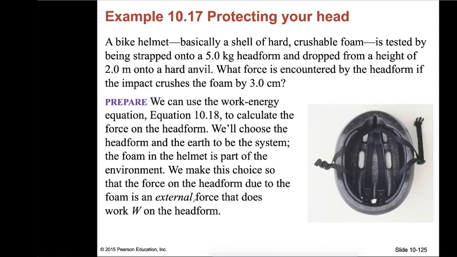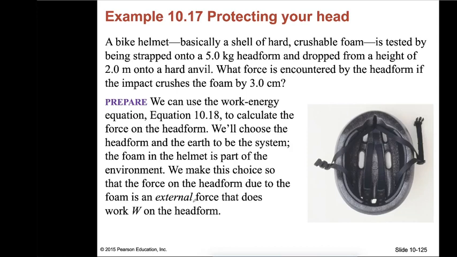A bike helmet, basically a shell of hard, crushable foam, is tested by being strapped onto a 5 kilogram head form and dropped from a height of 2 meters onto a hard anvil.